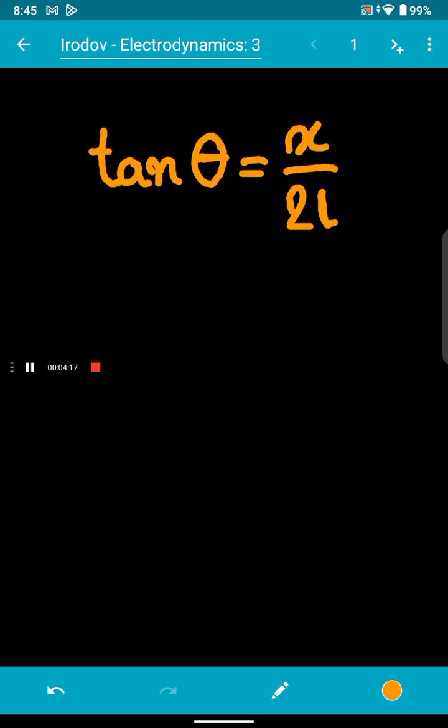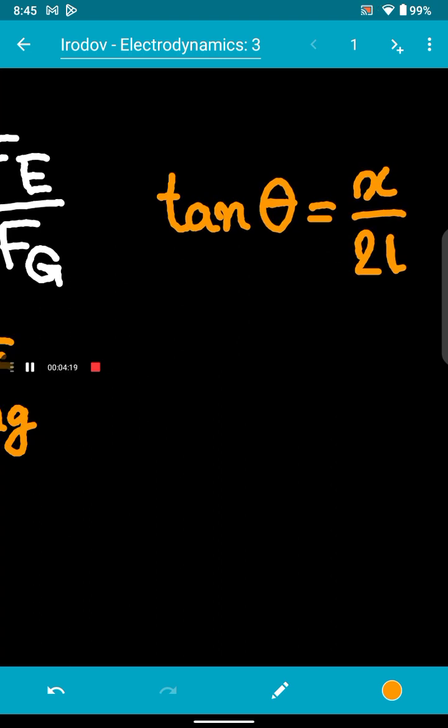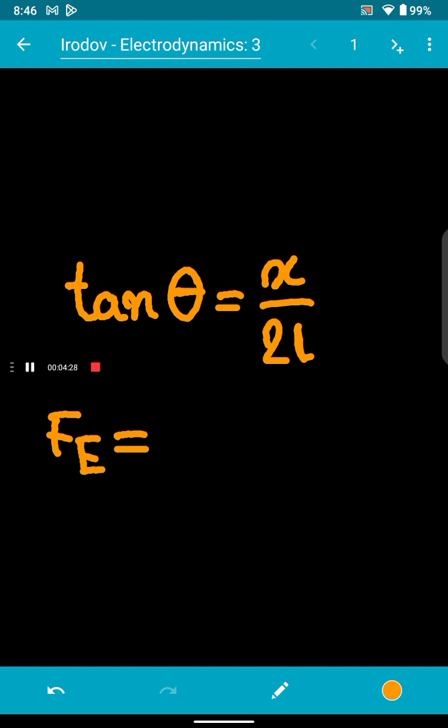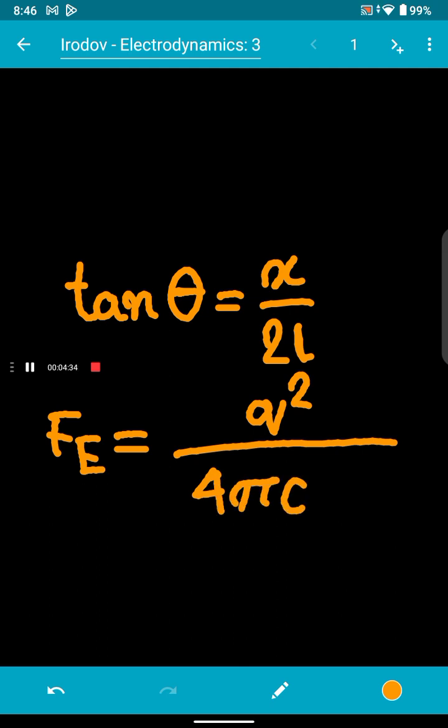Now let us write tan theta as Fe by mg. So what is Fe here? The electrostatic force. Two charges are equal, both are Q. So this will be nothing but Q square divided by 4 pi epsilon naught into x square.